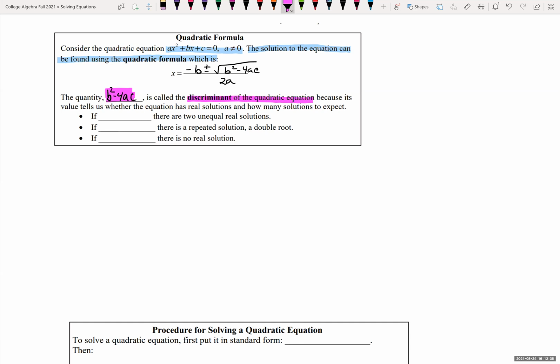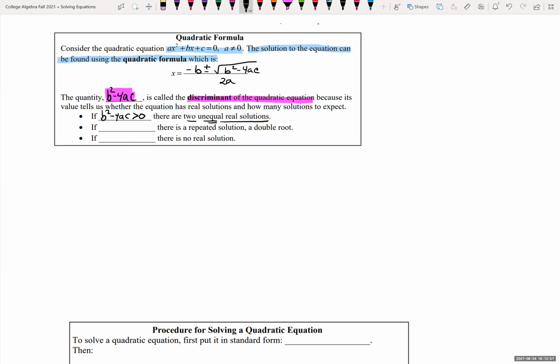Okay, so if our value b squared minus 4ac is greater than 0, it's a positive number, then we're going to have 2 unequal, real solutions.